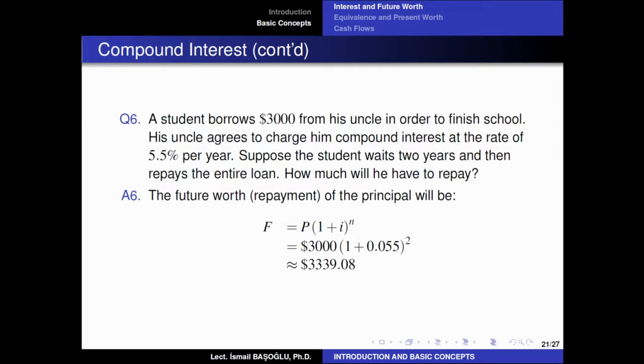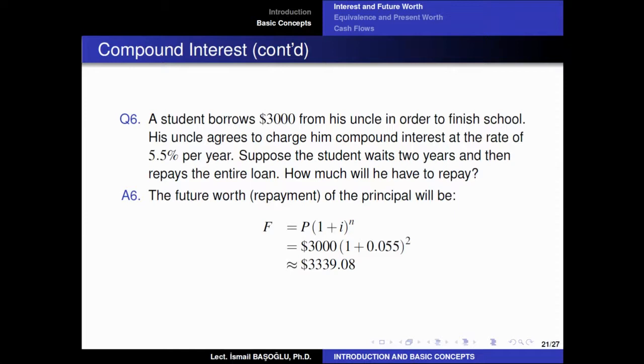Okay, now as you can easily see, this amount is $9.08 more than the debt that the student needs to pay under the simple interest rate. So compared to the previous question, the student pays $9.08 more. So where does this come from?